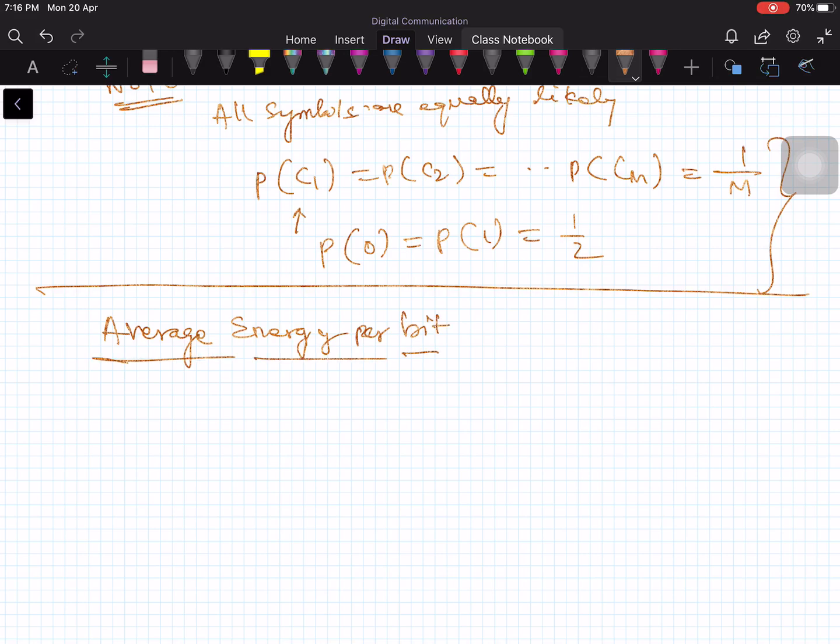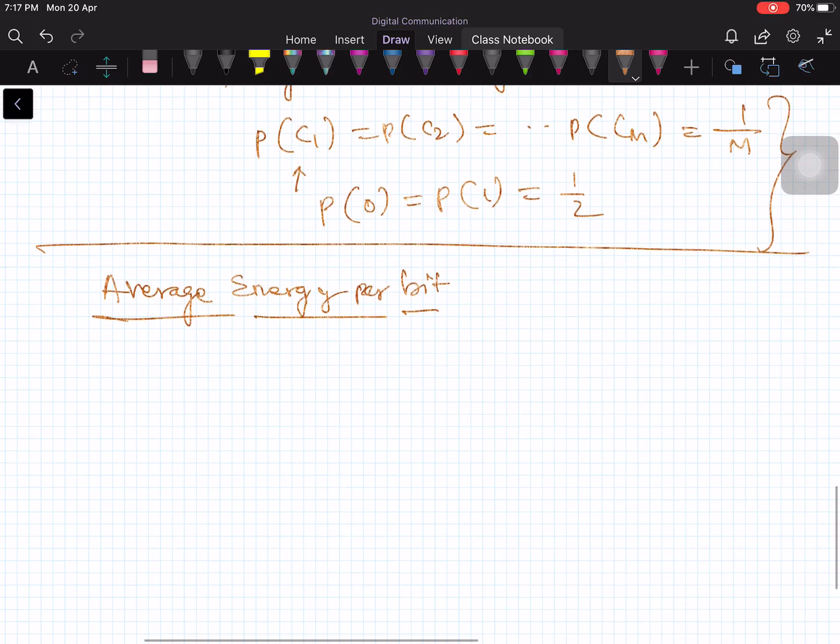So how much energy am I going to spend? This is a very important parameter, the most important parameter, the average energy per bit. We will denote this average energy per bit by capital E sub b, and it is a fairly standard notation, Eb, energy per bit. Now this energy per bit is equal to, you know how much energy you are spending per symbol, that is Ec. And how many bits do we have per symbol? Log M to the base 2.